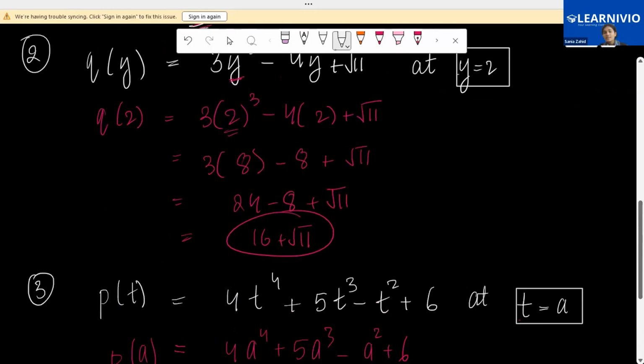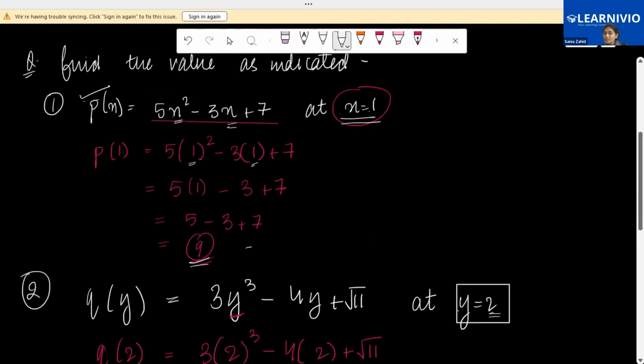So whenever there is a number that I'm replacing, and my answer is 0, that number is known as the zero of the polynomial. I'll give you examples for this, but just understand the outline of the topic. What do you mean by zero of the polynomial? Any number that you replace for a variable and the answer you get is 0. That number is known as the zero of the polynomial.